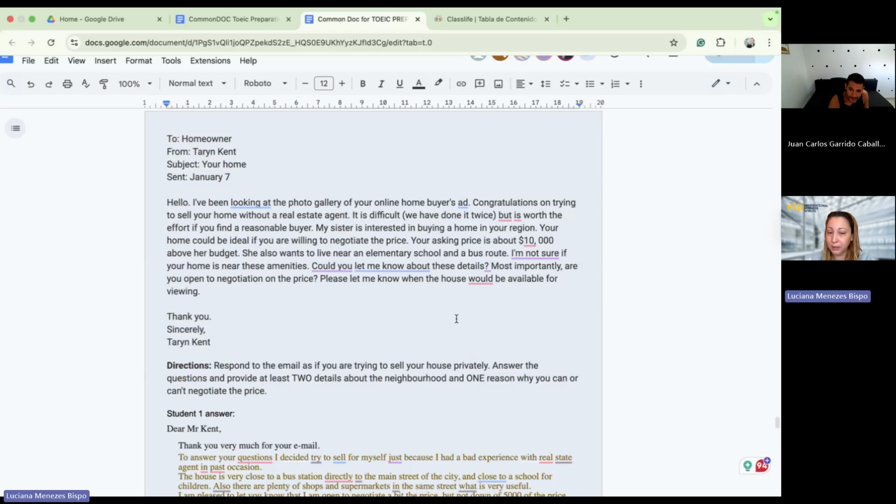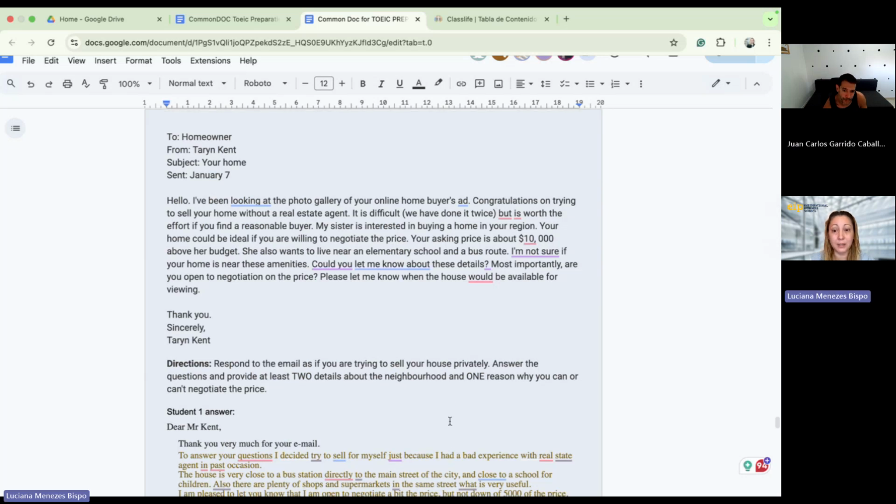So these are the traps. The traps start in the prompt already. So we know that we need a comma here, don't we? But they don't do it. And there are several, not to say many, prompts in the exam that bring mistakes. So that you don't repeat the mistakes in your writing. Whenever you notice that there's something wrong in the prompt, just ignore it because they are traps.